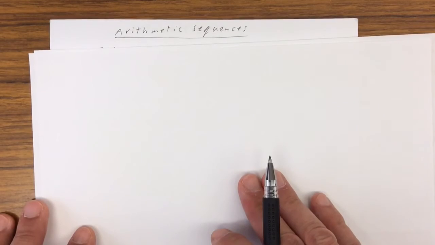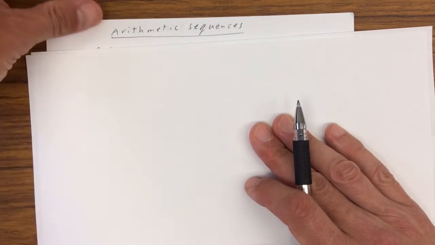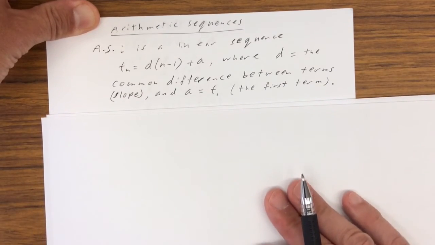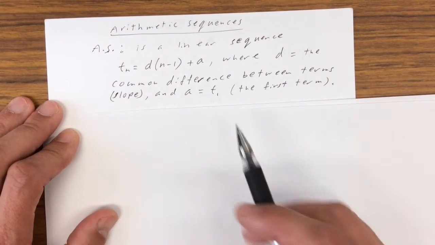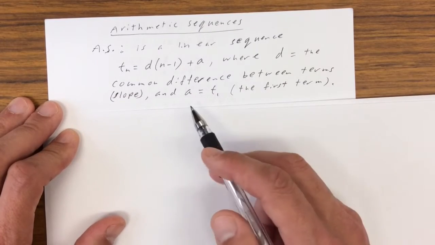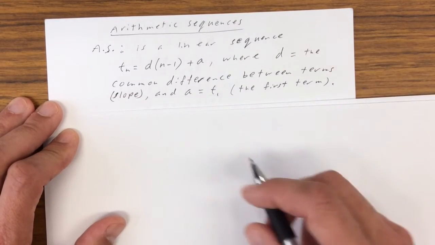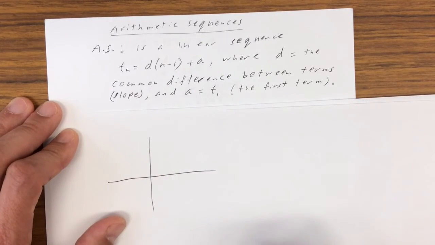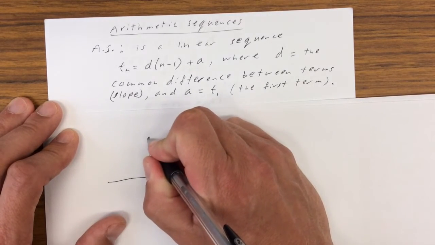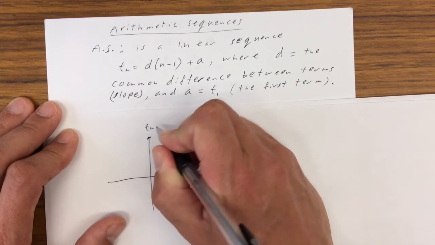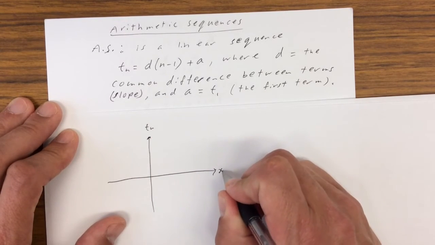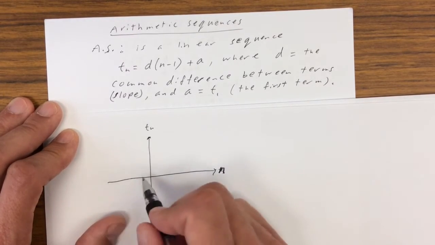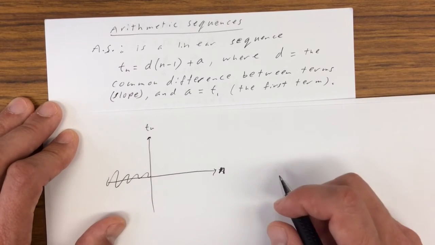Okay, so how is an arithmetic sequence defined? Well, it's just defined as a linear relation. Okay, so it's a linear sequence, which means the points go up as a dot. So if you had to graph something like this, there's the Tn axis, there's the n axis, and you wouldn't have any negative numbers.